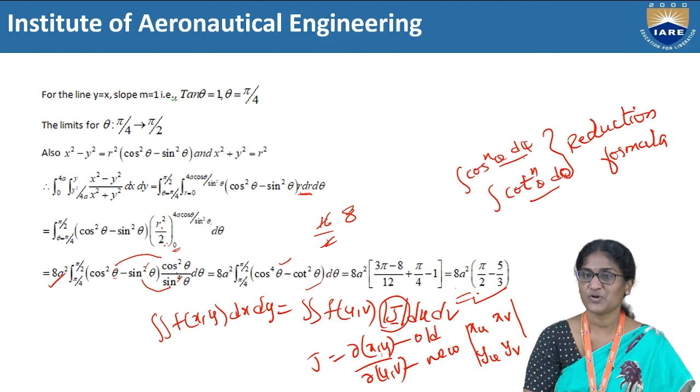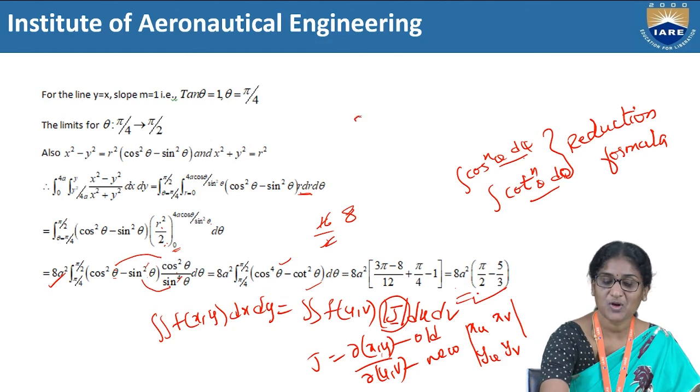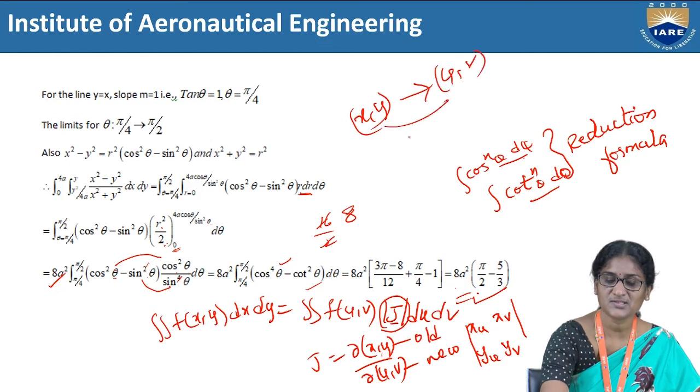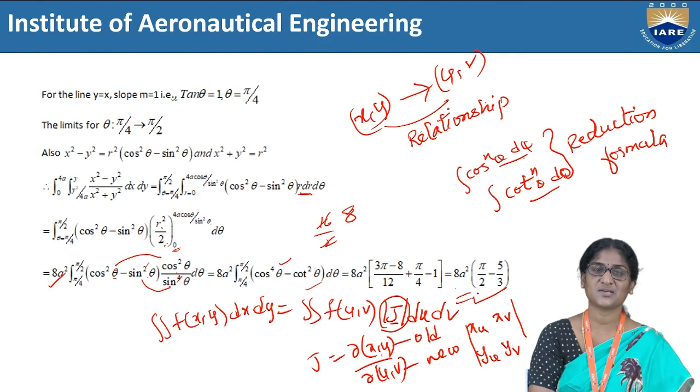Otherwise, we can't solve the problem. Polar and Cartesian are standard forms, so we could guess it very easily. Suppose x comma y is converted to u comma v; then I should know the relationship between these two in order to find the double integral in the new coordinate system, that is u comma v. So this is how the problem can be done very easily.